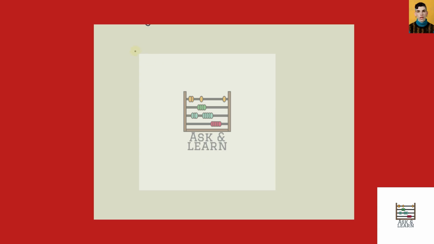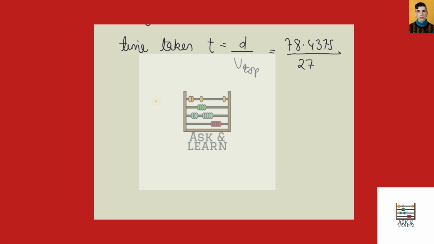So the time taken will be t equal to distance upon top speed, v top. So distance is 78.4375 divided by v top, which is 27. So this time turns out to be 2.90 seconds.